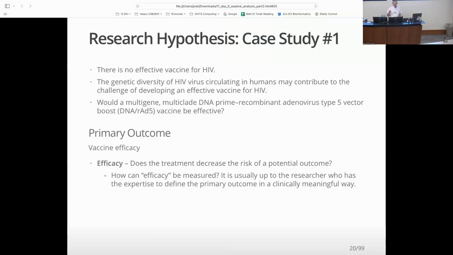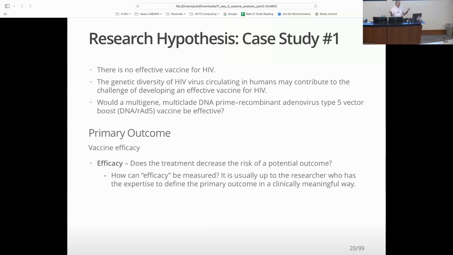So efficacy is a measure of whether the treatment decreases the risk of a potential outcome. You can also flip it on its head, depending on what the goal is. Actually, I don't want to step on my punchline, but you could say my goal for this treatment should be to increase the likelihood of a potential outcome.